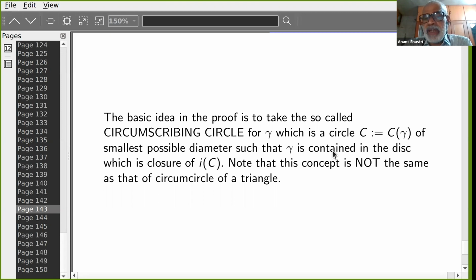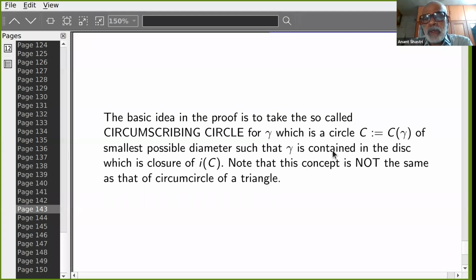So C is C gamma. C gamma means what? It has the smallest possible diameter. Okay, you have to choose all those circles with the smallest possible diameter such that gamma is contained inside the interior of C.